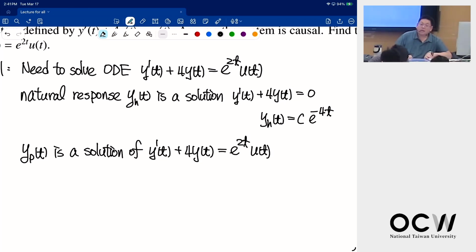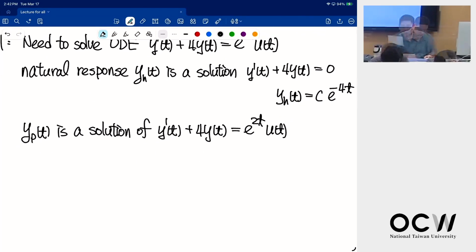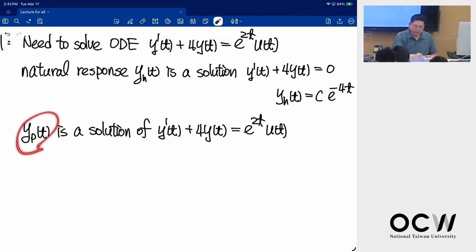So how do you find the particular solution? How do you guess your particular solution in this case? Yeah, you could use Laplace, but from your intuition, remember for the ODE, we always need to guess, right? So what is the particular solution here?